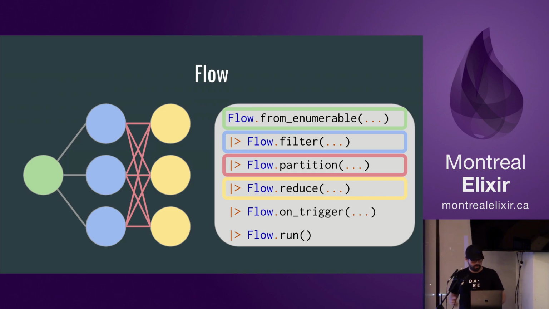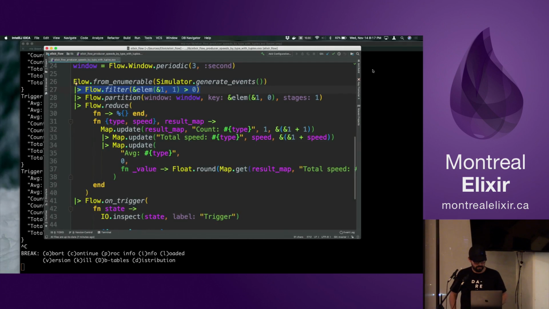How does Elixir Flow know that? This guy over here. When I do the partition, I have the key. It's basically a function saying, okay, from the messages that you have, this is the field that you're gonna use to map to which reducer you're gonna use. If you don't pass anything, Elixir Flow is gonna hash the entire message and use that as a key.